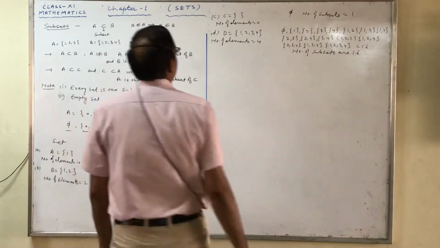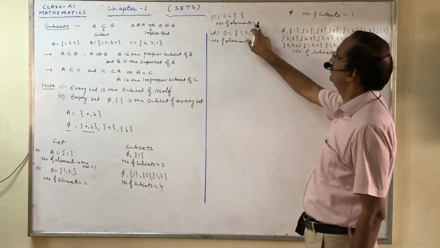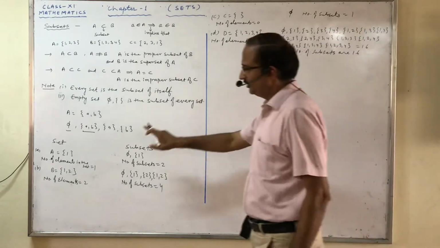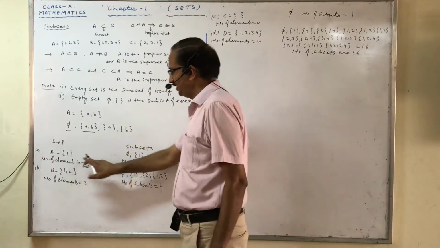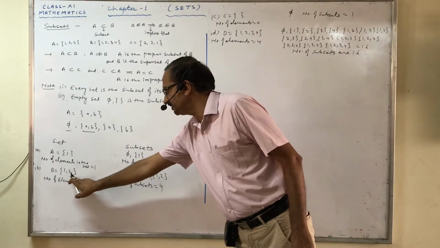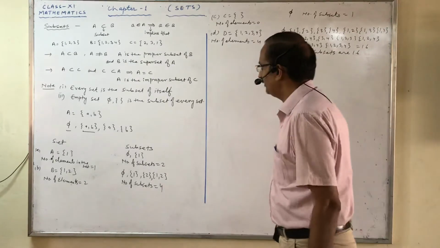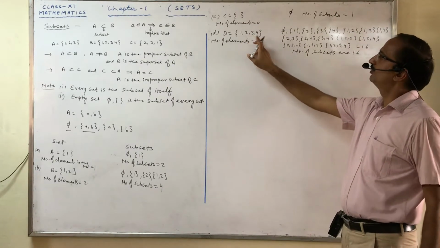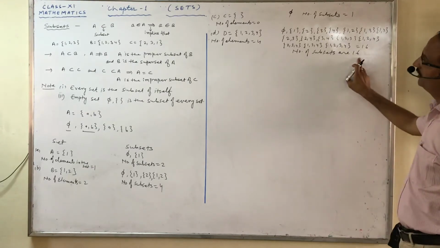Here, when the number of elements in the set is 0, then the subsets are 1. If the number of elements in the set is 1, then the subsets are 2. If the number of elements in the set are 2, then the subsets are 4. When the number of elements in the set are 4, then the subsets are 16.